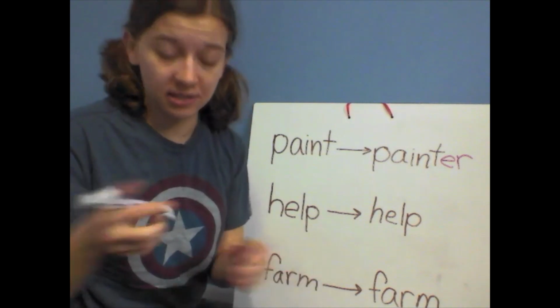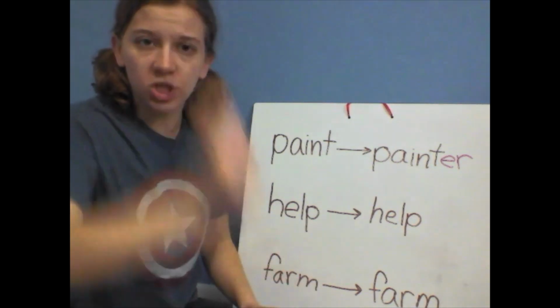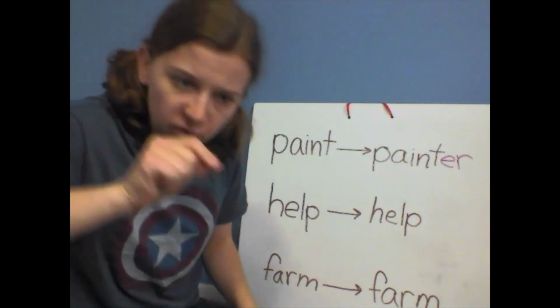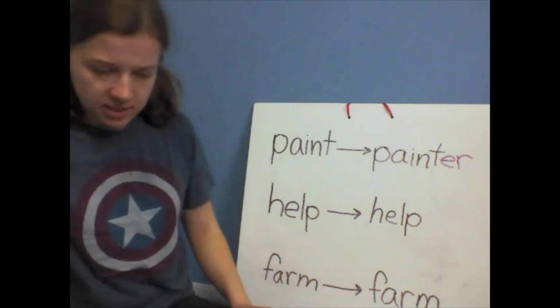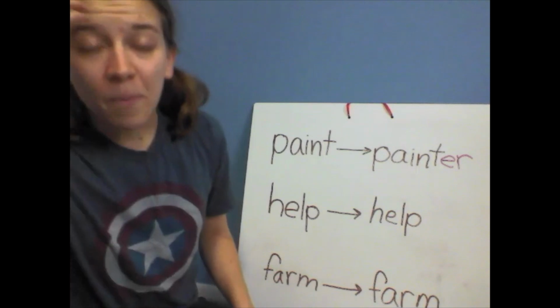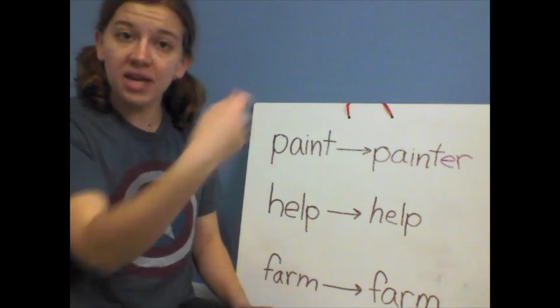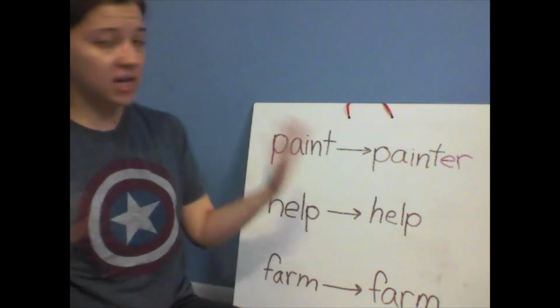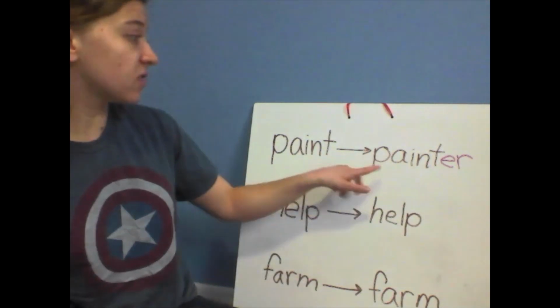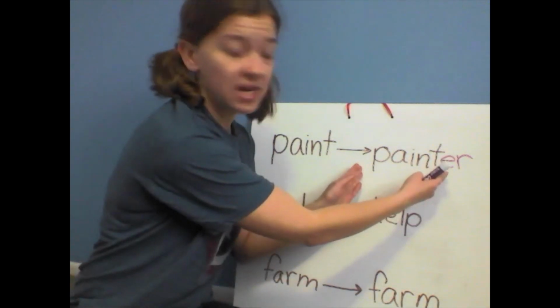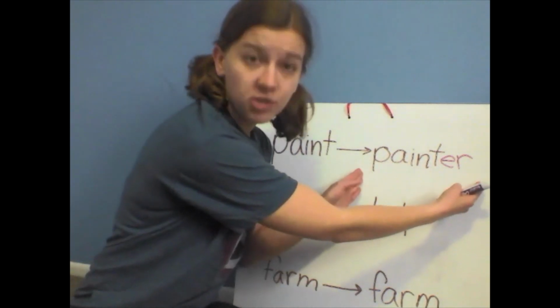Someone who paints. All right, show me a painting motion. Kind of like this, or if you have a little brush and you're on a piece of paper, you could do swirls, all these kinds of things. So painter. Pretend to be a painter. Very good. So a painter is someone who paints. So we add that ER to the end of the verb paint, and it becomes a noun, painter.